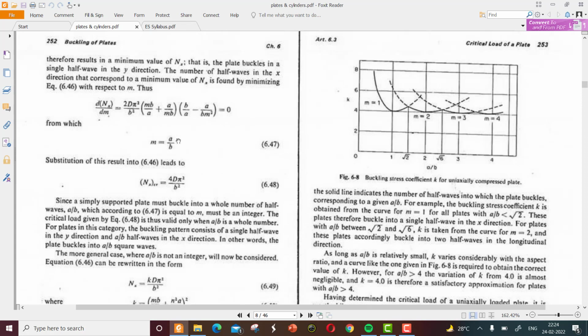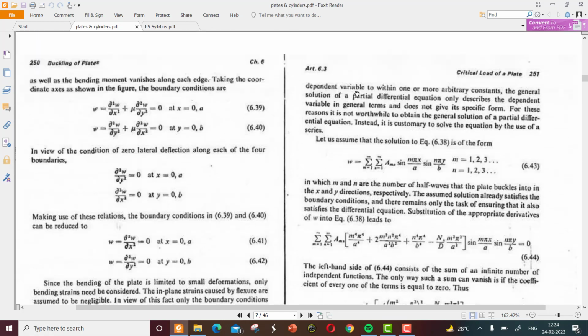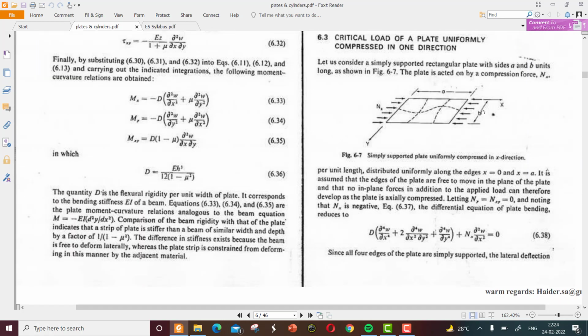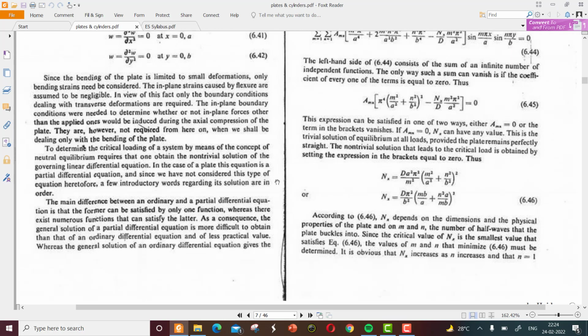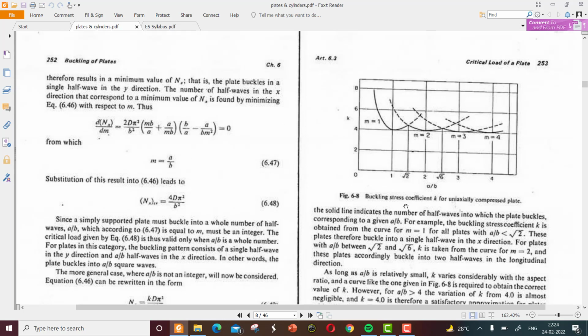So this is applicable for a by b value, the length by the breadth value, which is a whole number. If the value of a by b is a decimal number, we need a generalized value, so we refer to the buckling stress coefficient k for the uniaxially compressed plate.